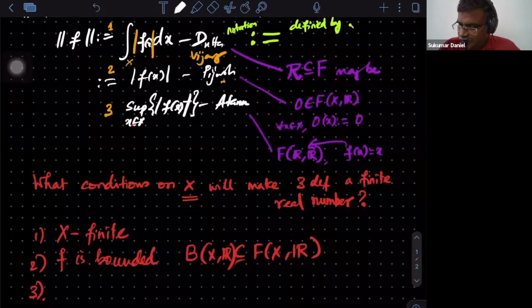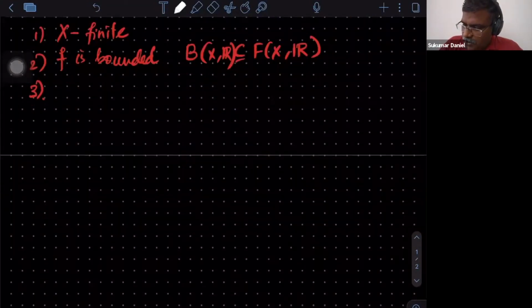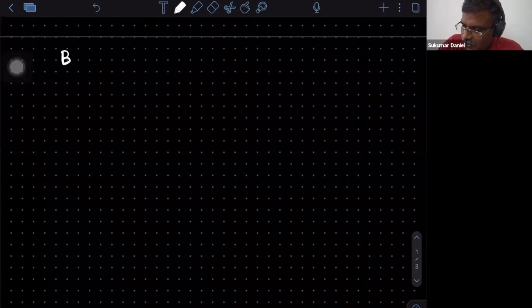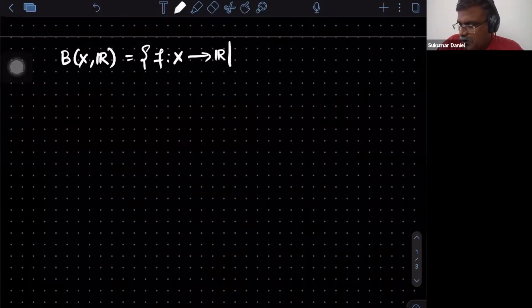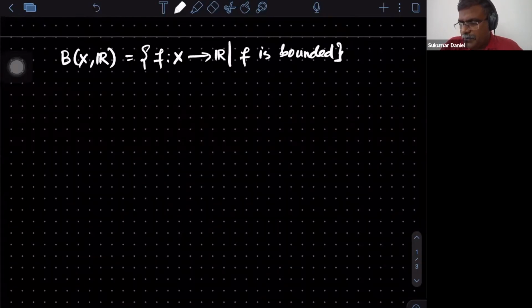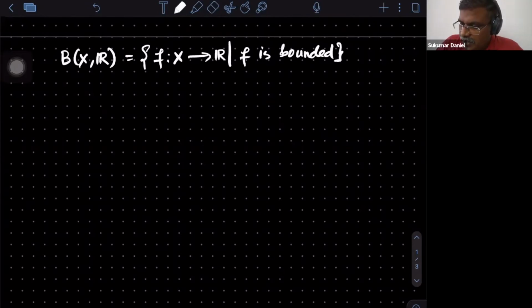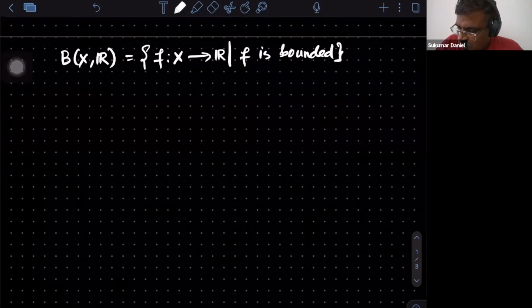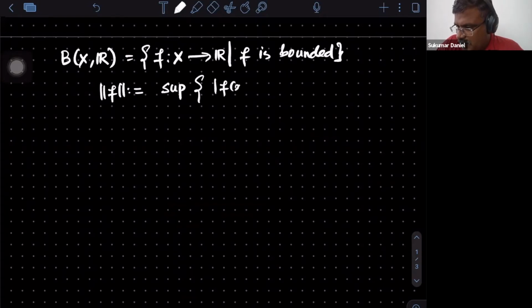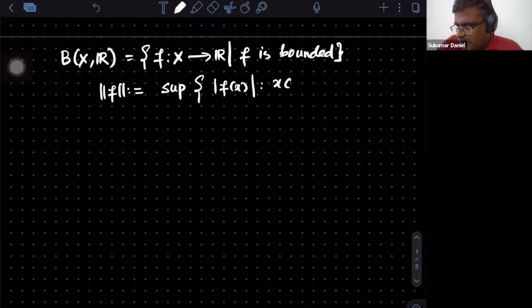But if I consider B(X, R), what is this? The set of all functions from X to R such that f is bounded. If I consider this, then I can possibly define the norm of f as the supremum of mod f of x such that x is from X. Okay.